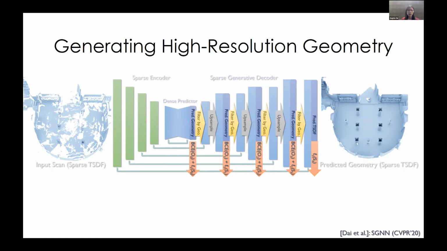So we can't rely on the input geometry for the sparse structures for the convolutions. And so we generate this in a coarse-to-fine fashion, predicting a very coarse resolution dense grid first in order to estimate where we should apply the sparse convolutions in order to predict continually higher resolution geometry. And finally, we output a TSDF representation of the output scene that you see here. This allows us to generate complete geometry very efficiently at fairly high resolutions.